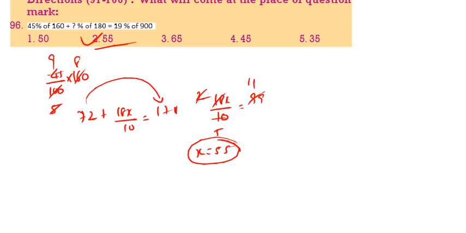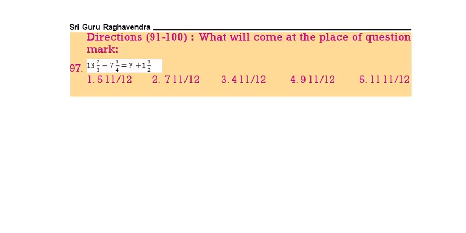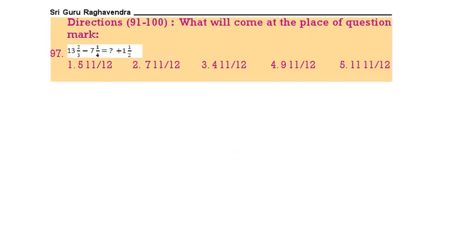See the next one, 97. 13 2 by 3 minus 7 1 by 4 is equal to x plus 1 by 2. 13 minus 7 is 6, 6 minus 1 is 5. Now 2 by 3 minus 1 by 4 minus 1 by 2 is minus 3 by 4.